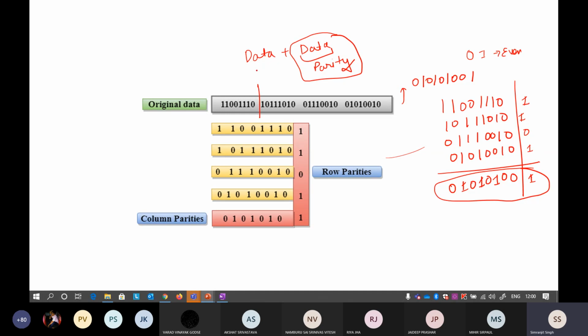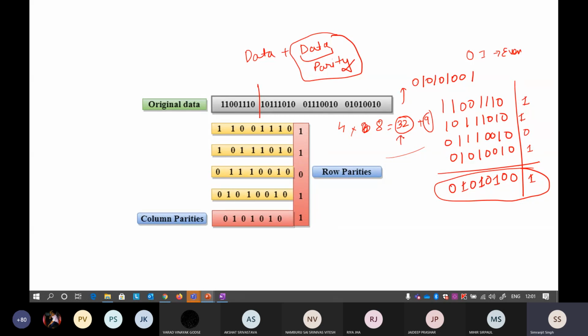Again, if you are seeing here for 1 2 3 4, so four packets here, every packet is around 8 bits, so 32 bits. Okay, sorry, 8 into 4, so for every 32 bits you are sending around 9 extra parity bits. So it's kind of overhead.